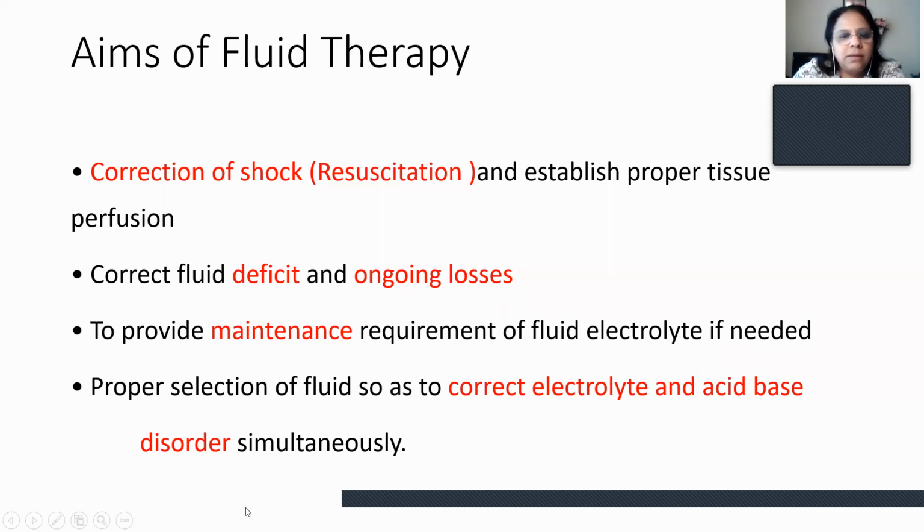And also the correction of fluid deficit, right? Rather than going into shock, there can be deficits and ongoing losses. So that is also one of our aims of fluid therapy, and to provide the maintenance requirement. You and me always want maintenance.